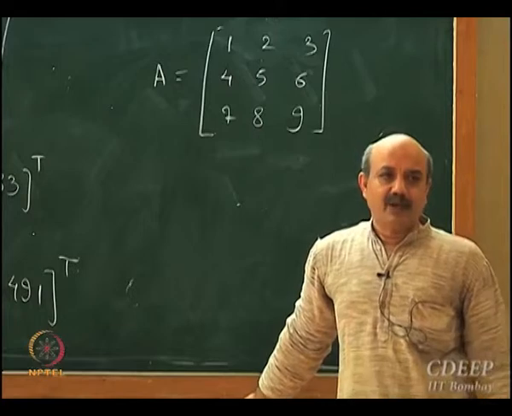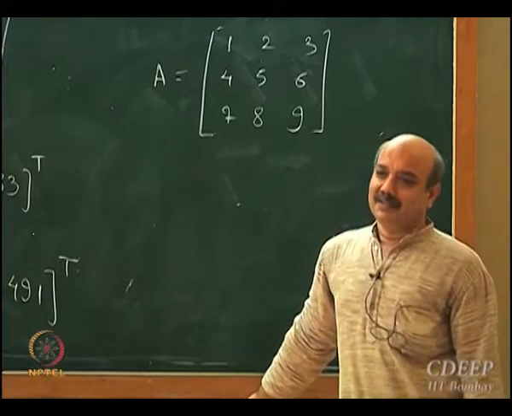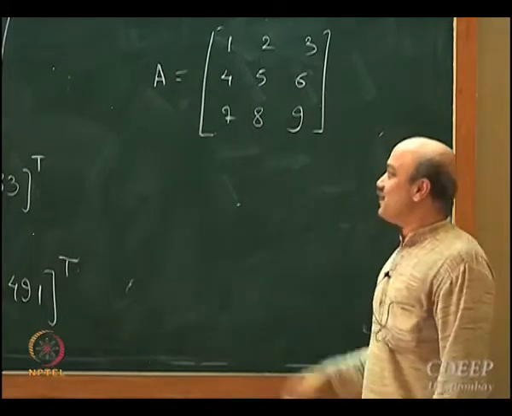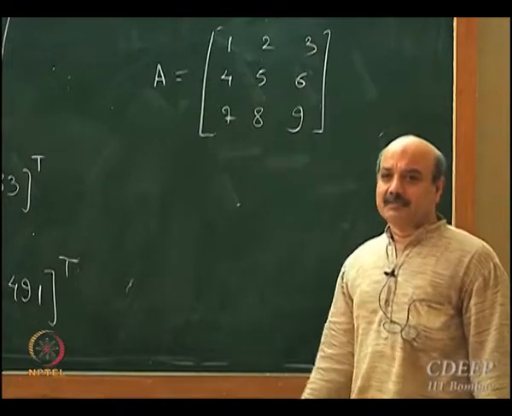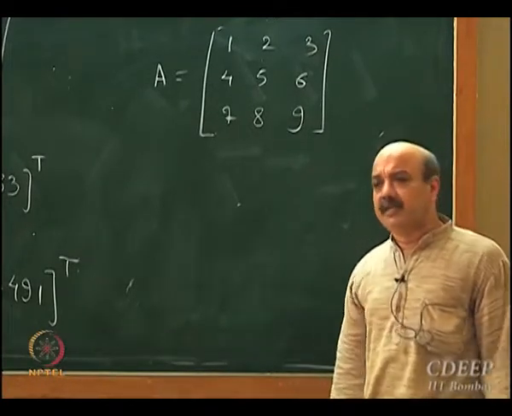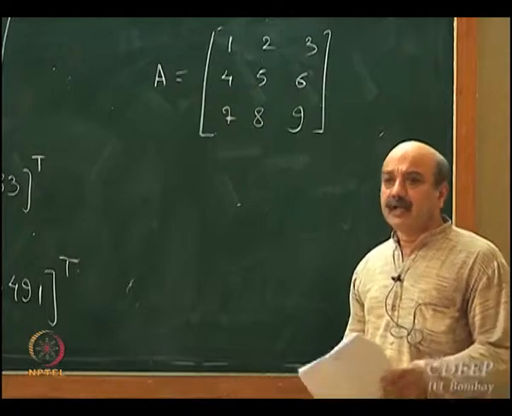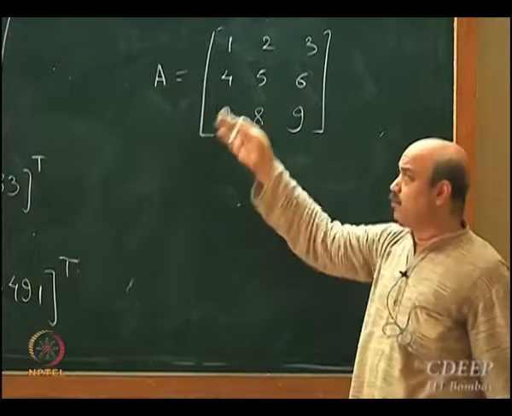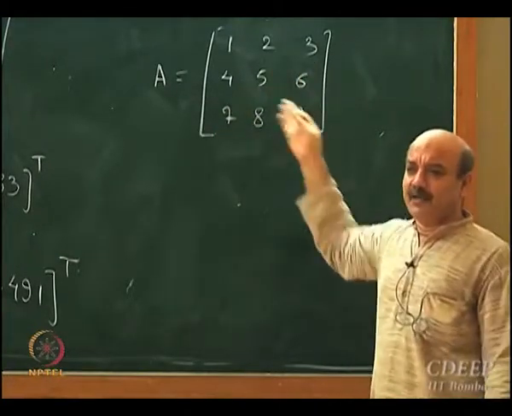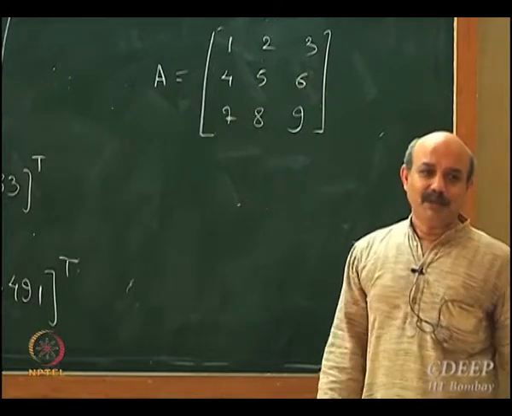This is not called by any name, but this particular matrix is highly ill conditioned. You have just written 1 to 9 numbers in a particular sequence.